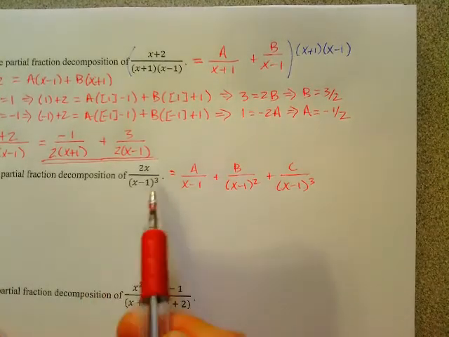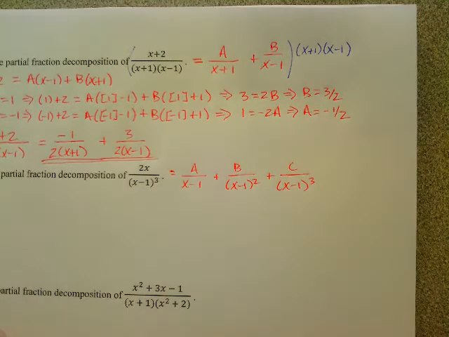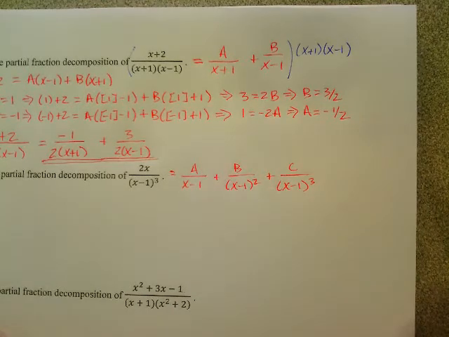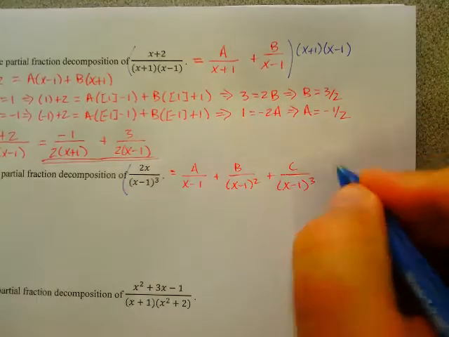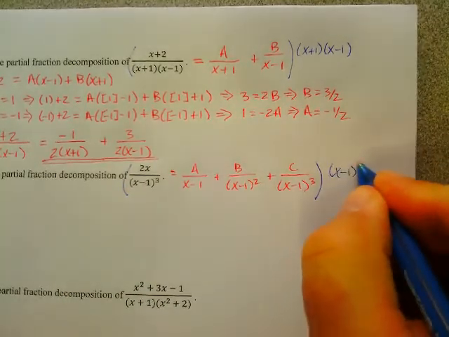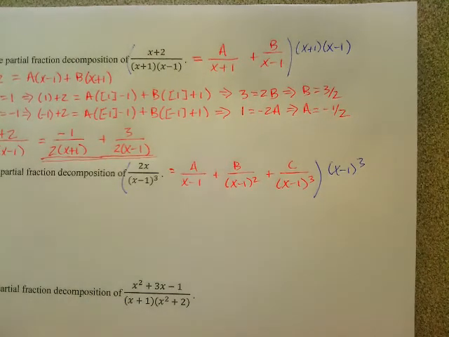So when we have the same factor more than once, multiplicity of 3 in other words, we're going to have 3 of them in this case. So, similar to what we just did, we're going to take that whole thing and multiply everybody by x minus 1 cubed to get rid of our fractions.